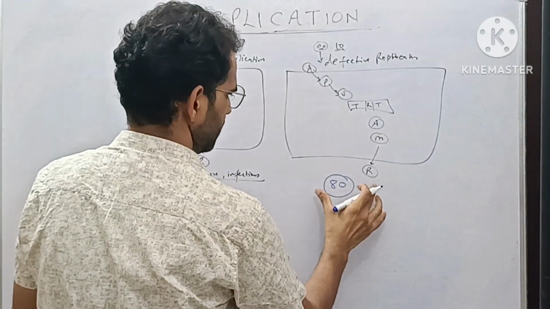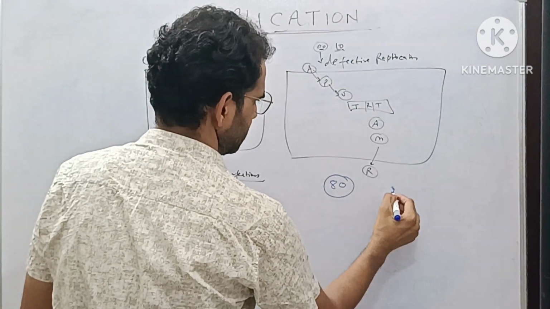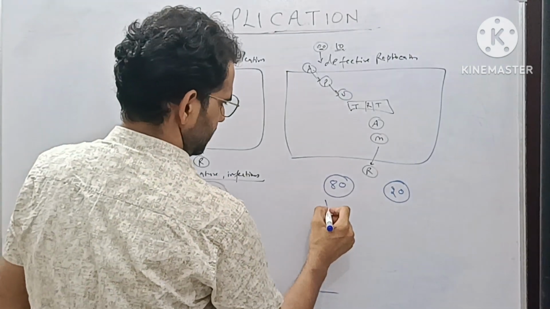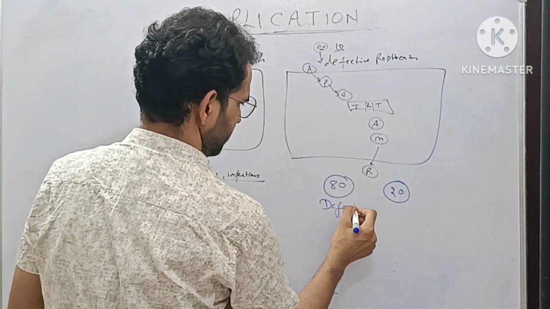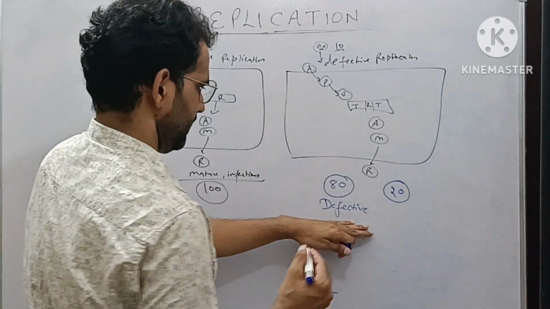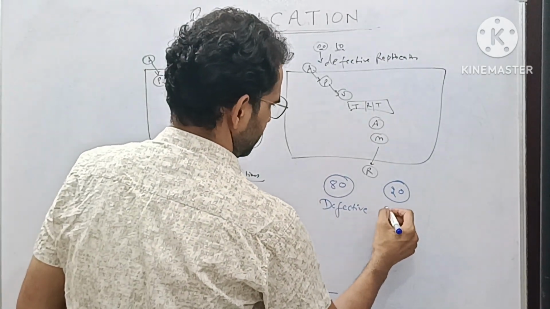If 100 are coming out, they come in this ratio. For example, 80 viruses are defective and 20 are infectious.